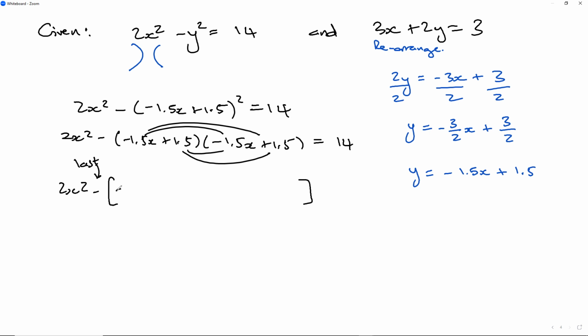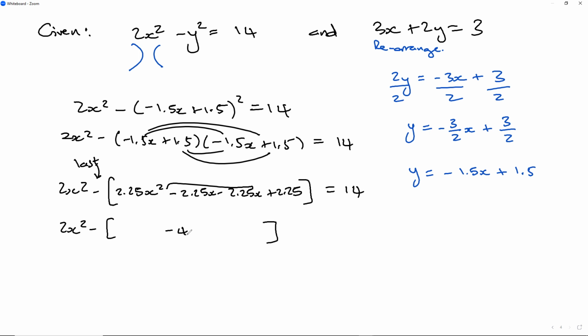That'll become 2.25x squared minus 2.25x minus 2.25x in the middle plus 2.25 equals 14. And let's just neaten up this bracket now by bringing those two terms together. Negative 2.25 minus 2.25 is negative 4.5x from there.